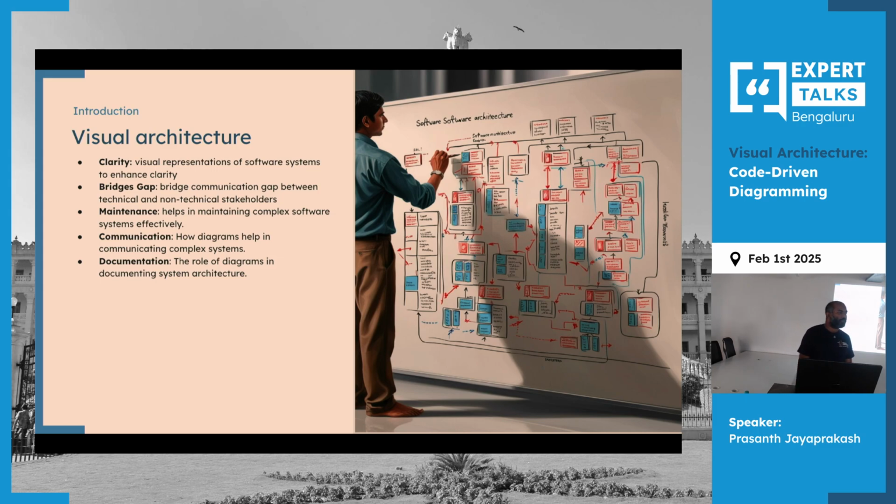It is much easier to get clarity around the systems by looking at a picture. It also helps you talk to non-technical stakeholders. When someone doesn't understand much about the technology side of things, by diagrams you can give more information about the systems to those kinds of people as well.